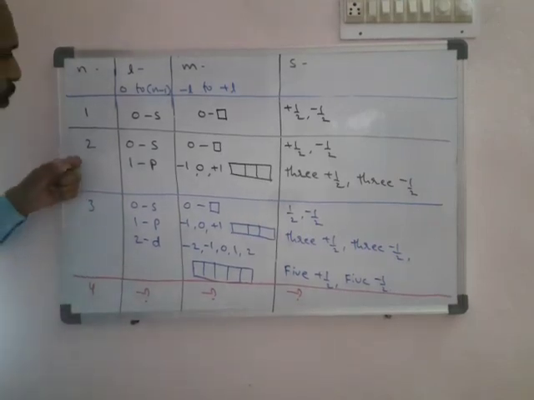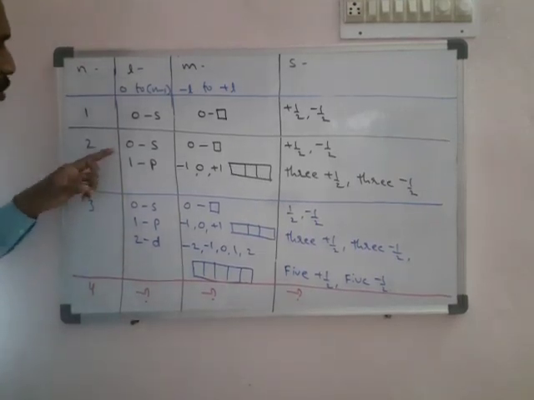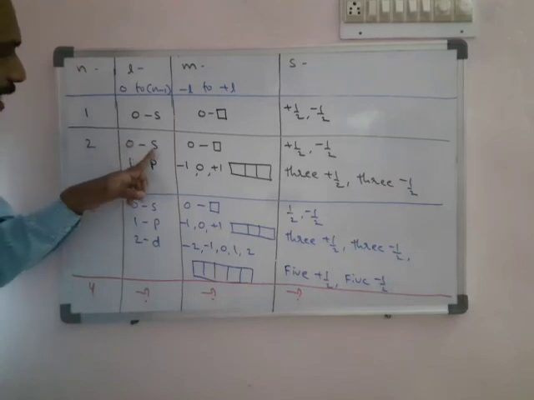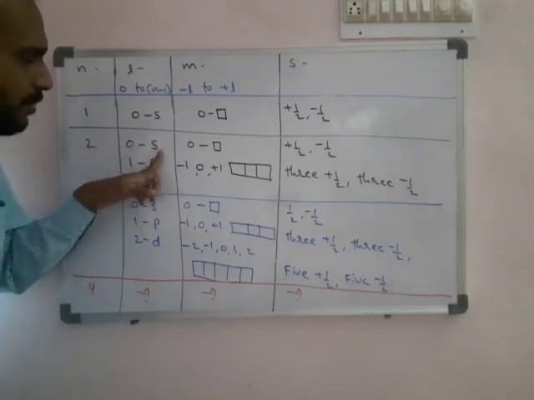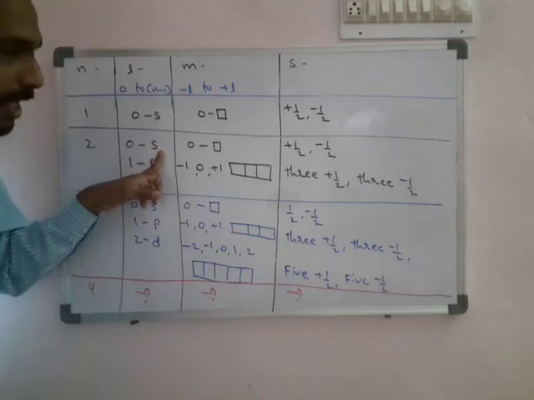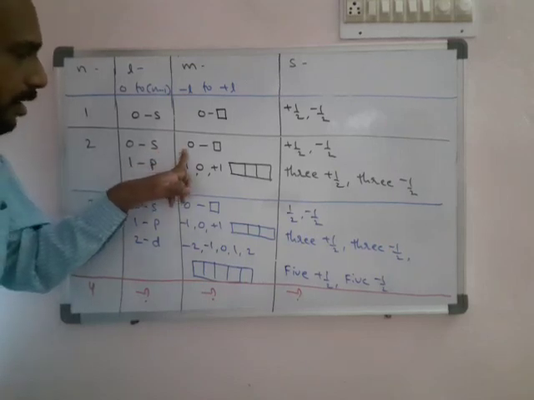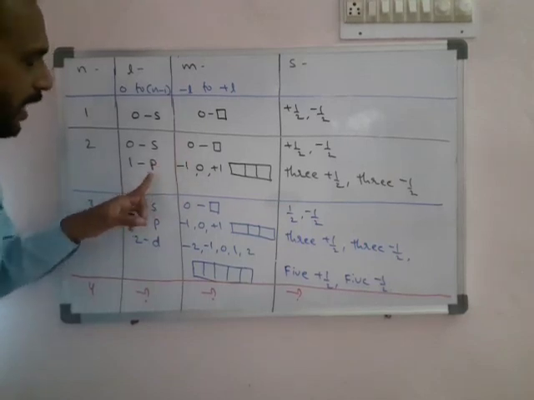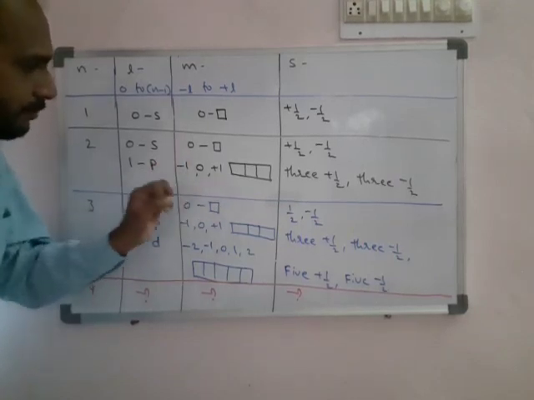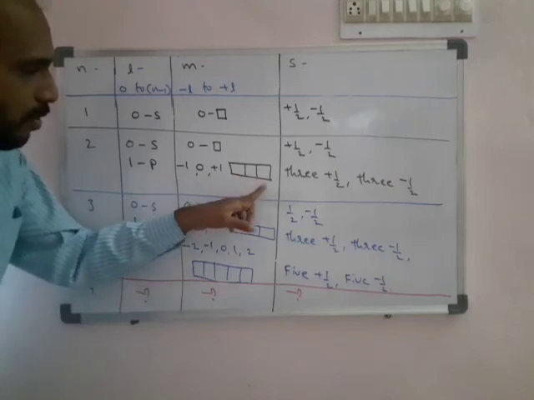Like principal quantum number 2. There is the presence of an s subshell and 1 p subshell. For the s subshell, how many boxes? Box means how many orbitals? One box, that is one orbital, one orientation. Next for p there are 3. Total 4 boxes.